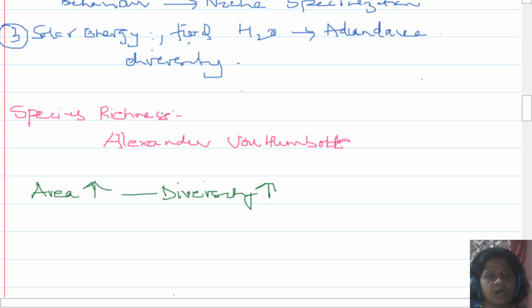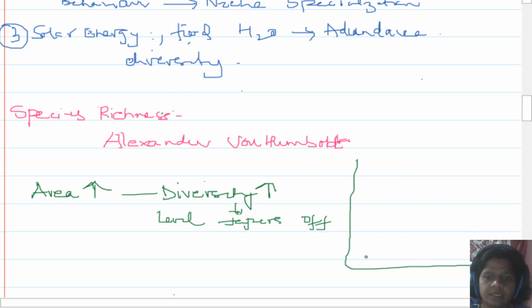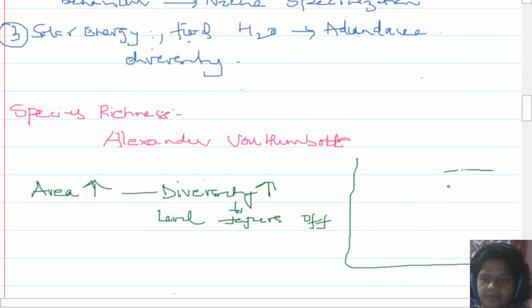But this is not a linear curve. It does not keep going up as you keep increasing the area. At a certain level, this tapers off. If we take a curve, if you start counting, there's a steep rise first, and then it levels off.